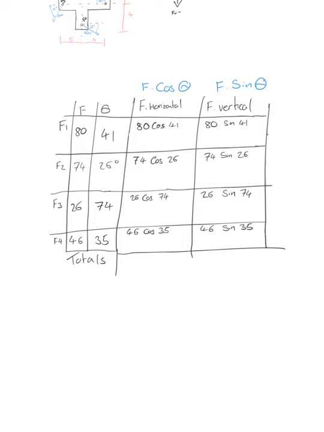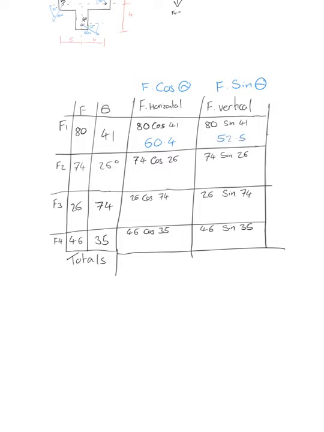Okay, so I'm going to do the top two on my calculator, pause the video and fill these in, and stop and consider what I need to do next. So 80 cos 41 is going to give me 60.4. So I'll fill that in. 80 sine 41 is going to give me 52.5.